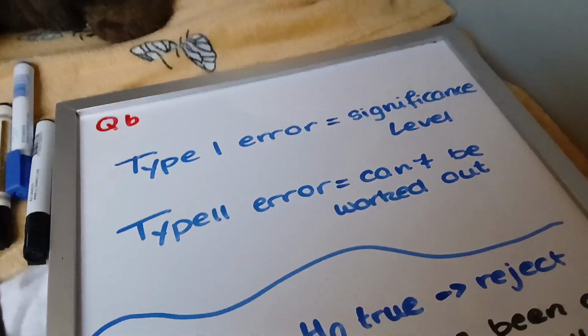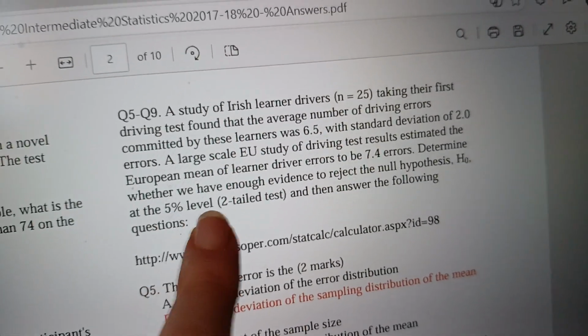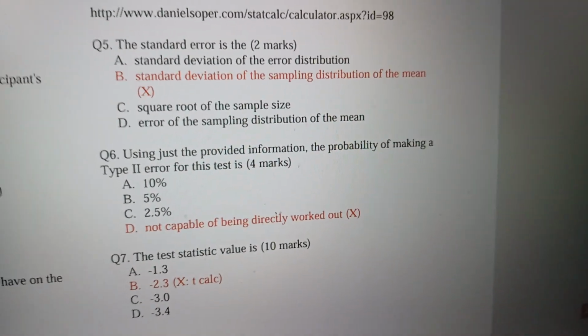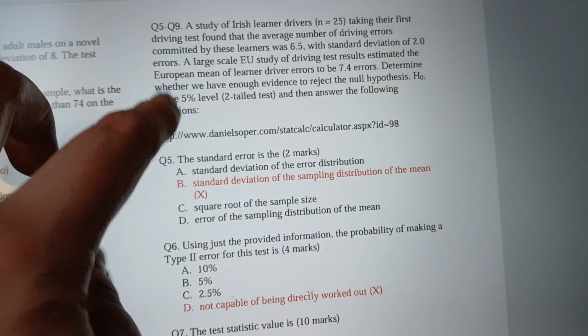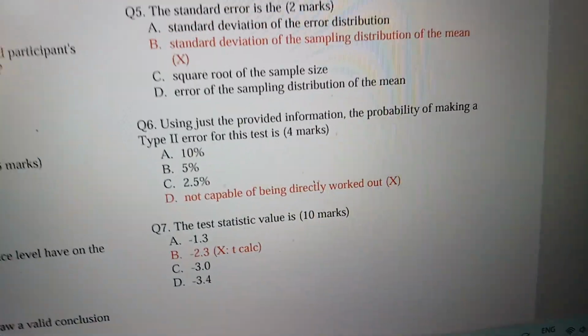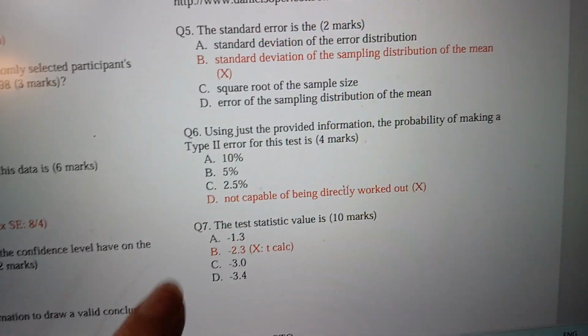So if question 6 asked for a type 1 error, it would be referring to this percentage, the significance level, so the answer would be 5%. It's always going to be 5% in this question. If it's asking for a type 2 error, like it is in this case, it's always going to be not capable of being directly worked out.